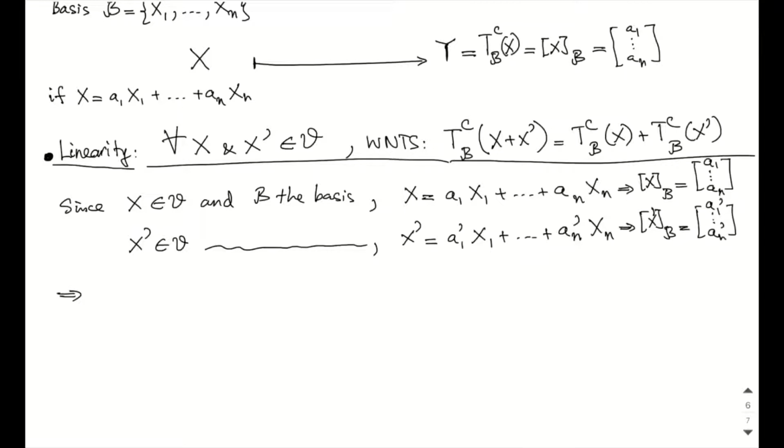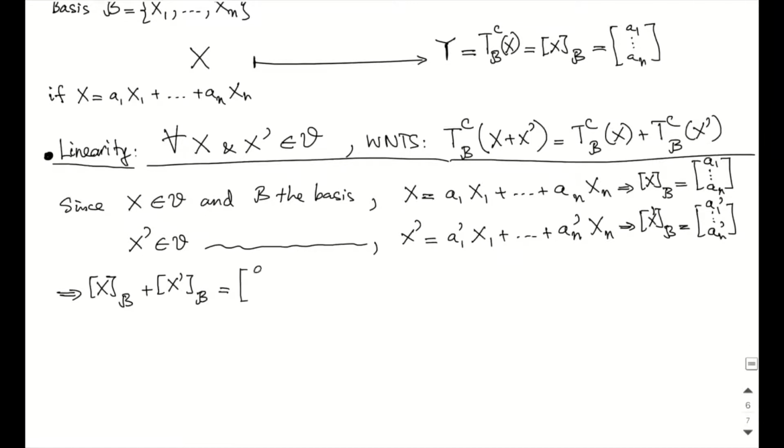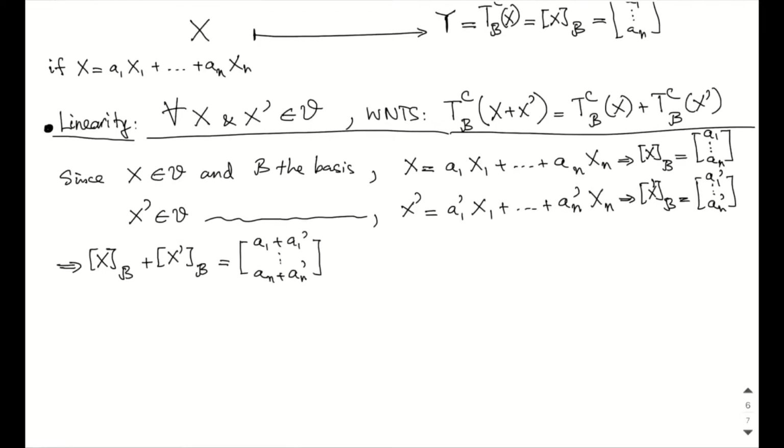Then this implies immediately that if you add their coordinates, what you are going to get is a1 plus a1 prime, ..., an plus an prime. What is this? Well, it's in fact T_CB of x plus T_CB of x prime. Right, so you know that the sum of the two will be explicitly written as this.